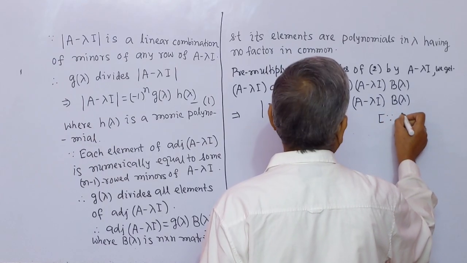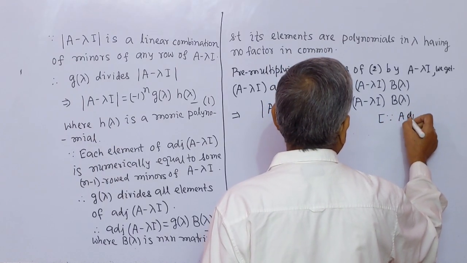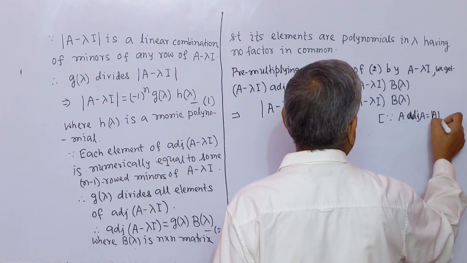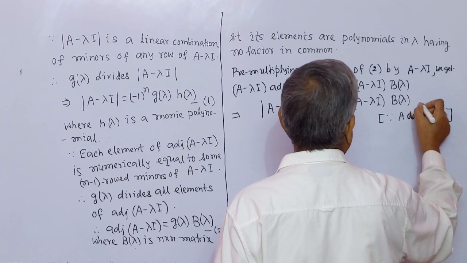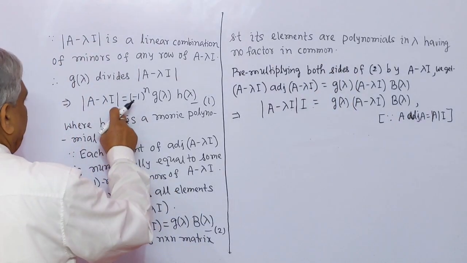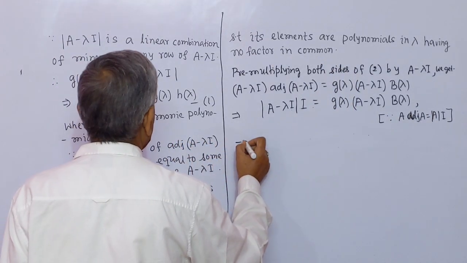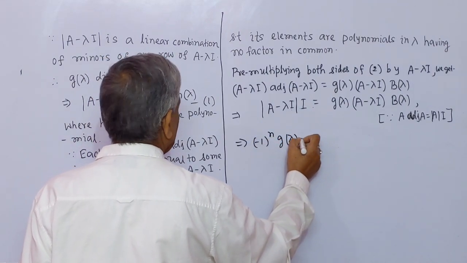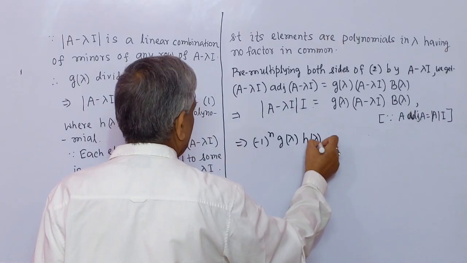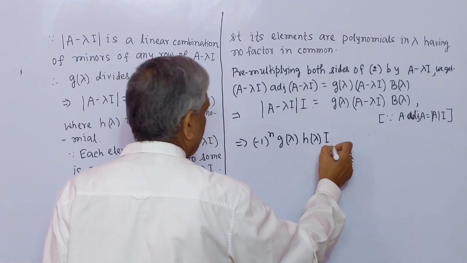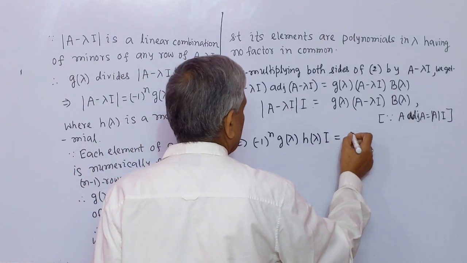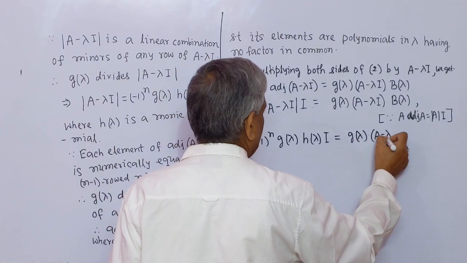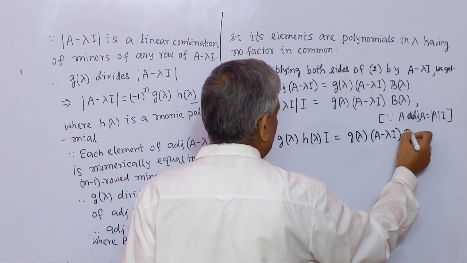Since A adjoint A equals determinant of A times unit matrix I, by using 1 we get here (-1)^n G lambda H lambda and unit matrix I equals G lambda multiply A minus lambda I multiply B lambda.